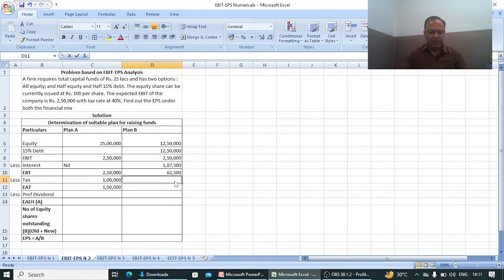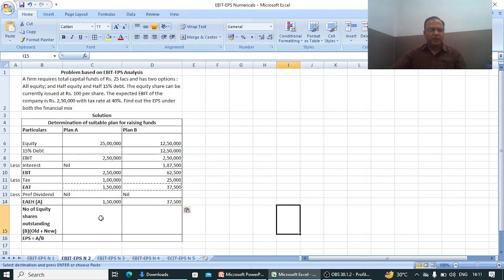It will be 25,000, and here resultant figure will be 37,500. Now preference dividend is nil in both the cases because we never take the help of preference shares in collection of funds. Now this is 1 lakh 50 and 37,500.